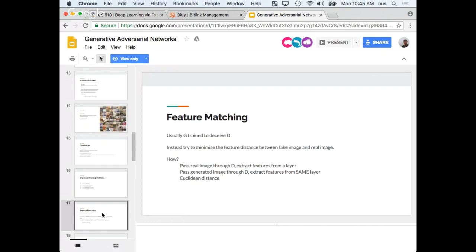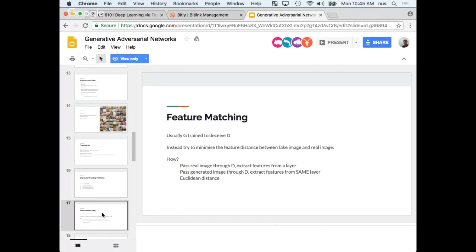So the first one is feature matching. Usually the generator is trained to deceive the discriminator. So what they decided to do, instead of trying to create an image to trick the discriminator, is to try to get features for your generated image very close to the real image.